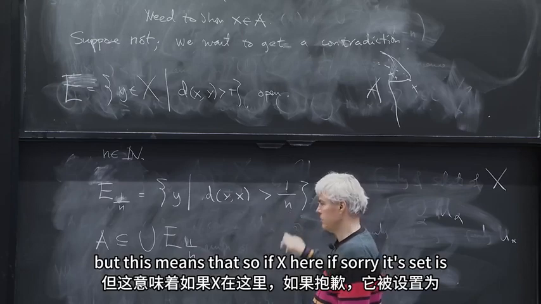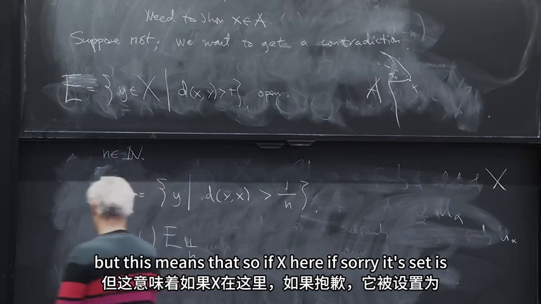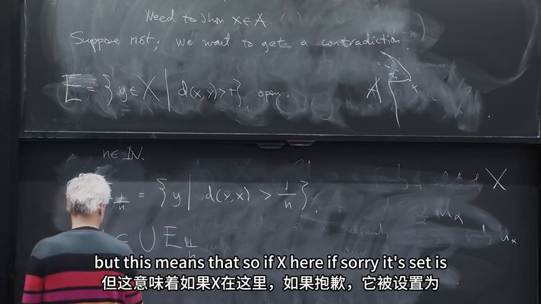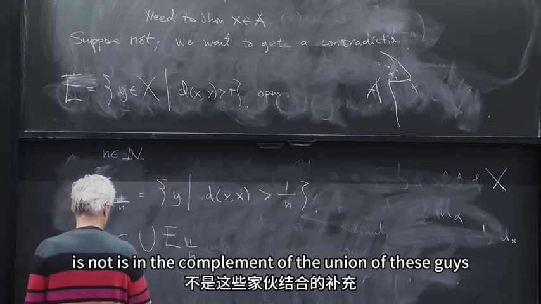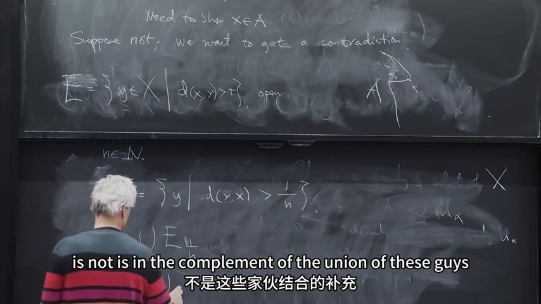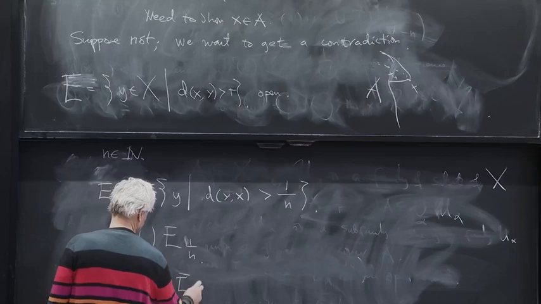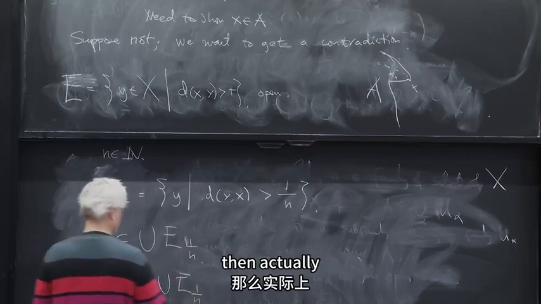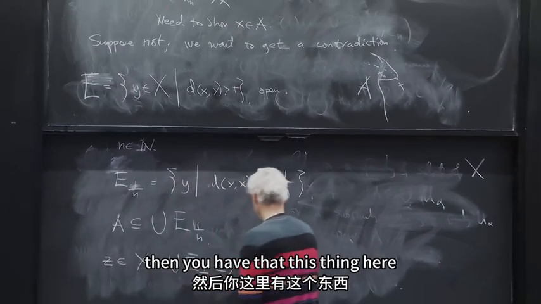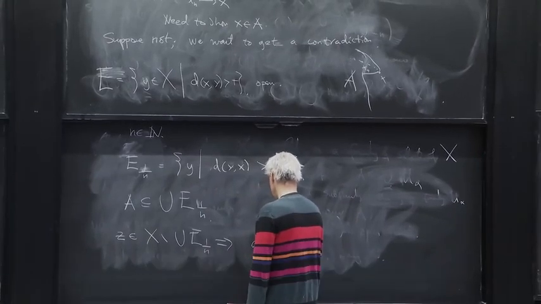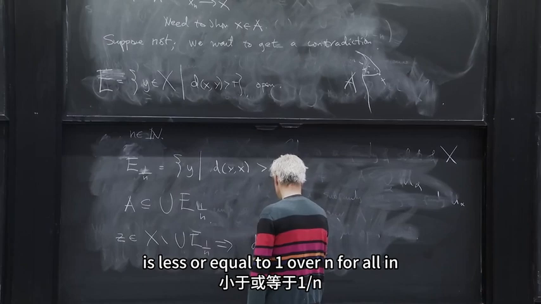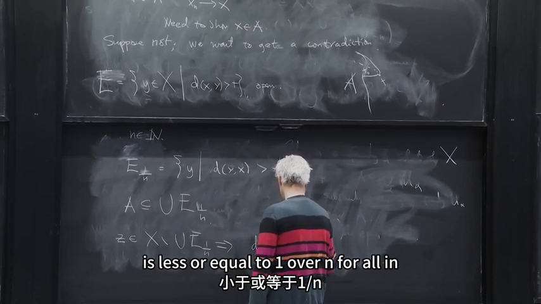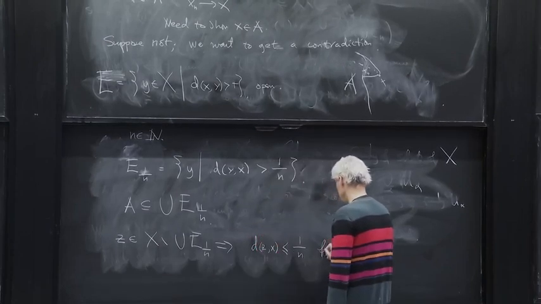So if z is in the complement of the union of these sets, then you have that this distance is less or equal to 1 over n for all n.